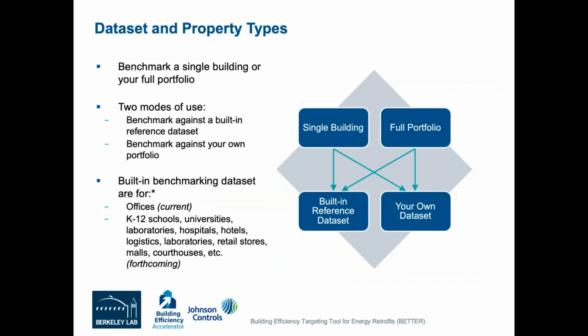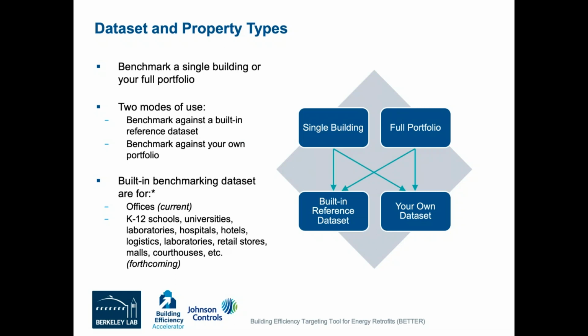So as I mentioned earlier, there are two ways that Better can provide benchmarks and analysis for any given building. We can benchmark your building against a built-in reference data set, whereby currently we have a built-in reference data set for US offices and US K through 12 schools, and we're working on several other built-in reference data sets: hospitals, hotels, potentially universities.